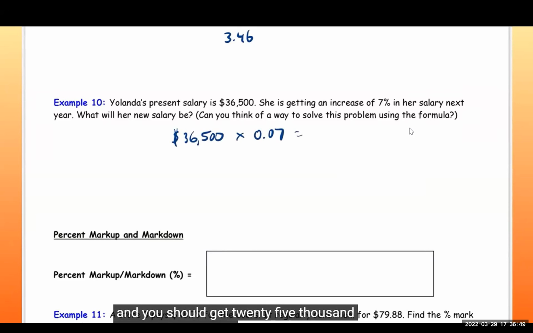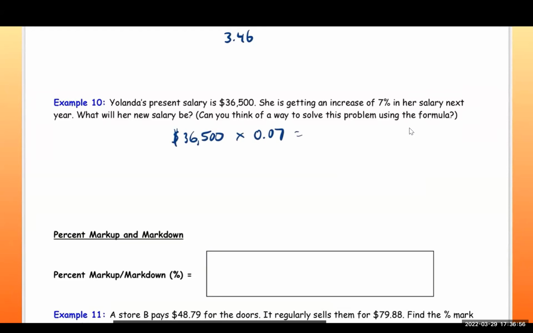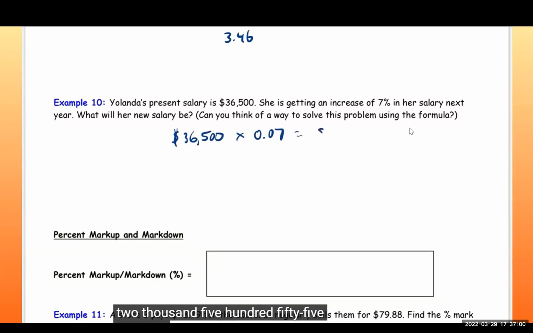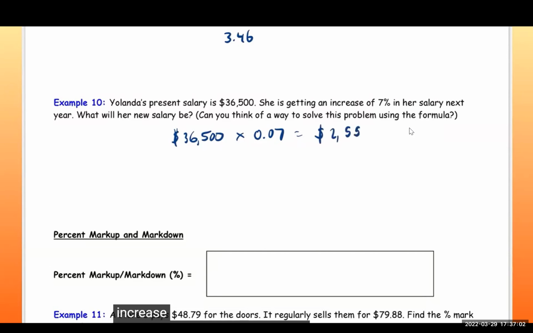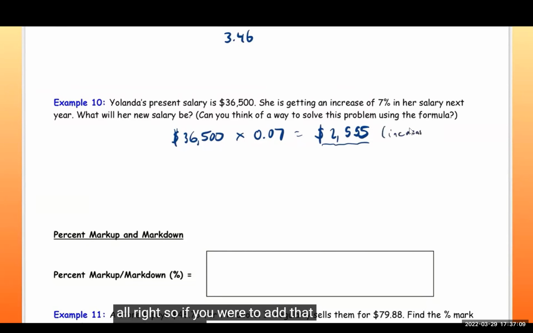And you should get 25,000. I'm sorry, I think I added an extra 0. Yeah, I did. Added an extra 0, so it should be 2,555 increase. So that's the amount of increase. All right. So if you were to add that, let's add that to the previous amount that she used to make.